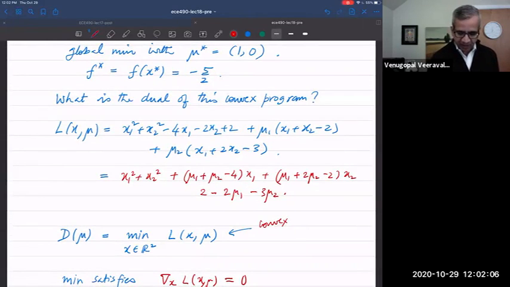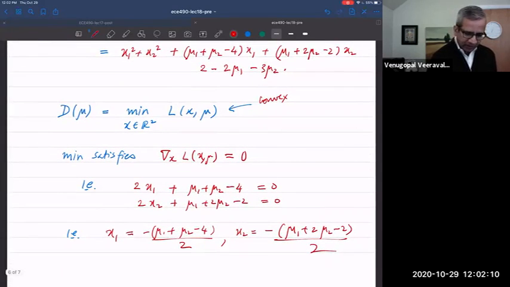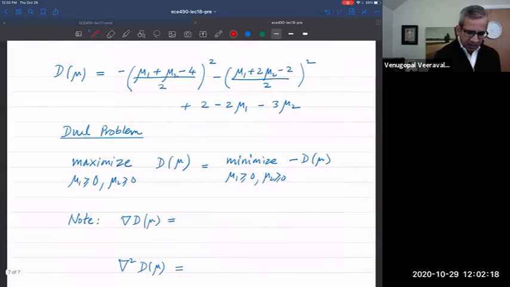Okay, so we have the solution for x star that minimizes this, and so we have the dual function from that, right? So for the dual function, you just plug in these x star values. Okay. So you get this as the dual function. Okay, this is x1 squared, x2 squared minus this thing here.